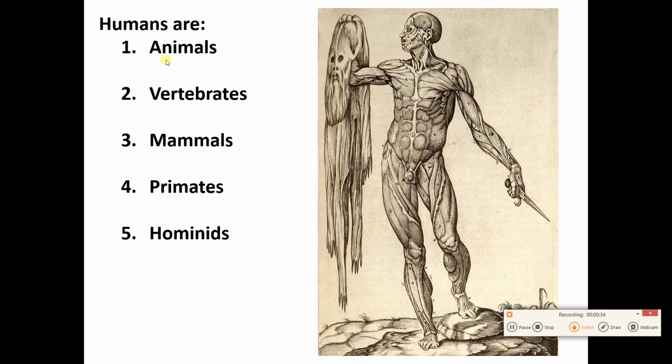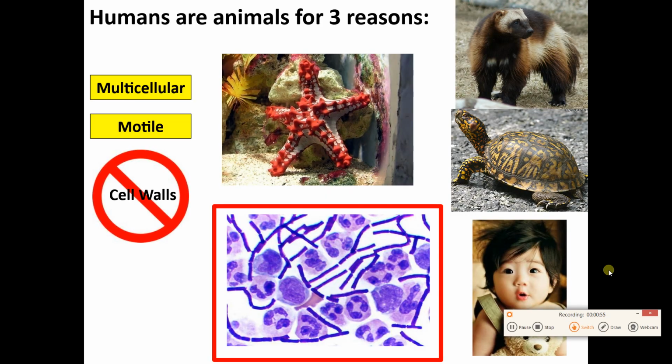So in terms of our biological classification, humans are going to be animals, we're going to be vertebrates, mammals, primates, and hominids. So those are all groups that we belong to. Now we are animals for three reasons.